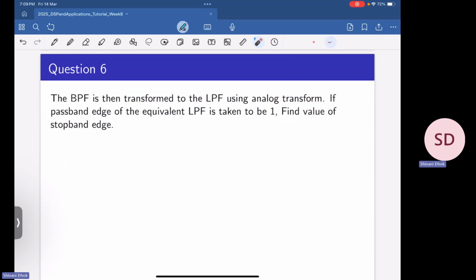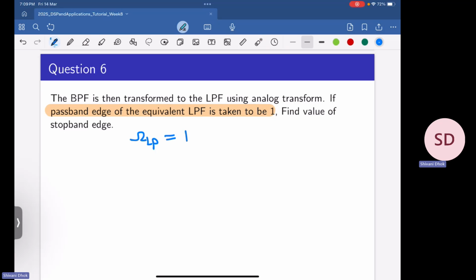Now this question is the next step that we need to do in our design process. It says that the band pass filter is now transformed to a low pass filter using analog transformation. If the pass band edge of the equivalent low pass is taken to be 1, find the value of stop band edge. So what is given to us is this omega LP is set as 1.